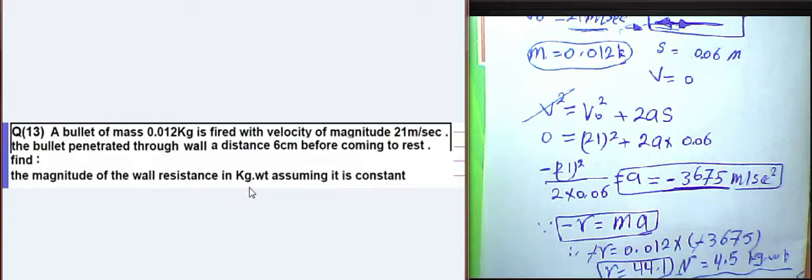Okay, another example, another question. If a particle moves in a straight line where the algebraic measure of its position vector x is given by x equals 6t power 2 subtract t power 3, then the motion is retarded in.